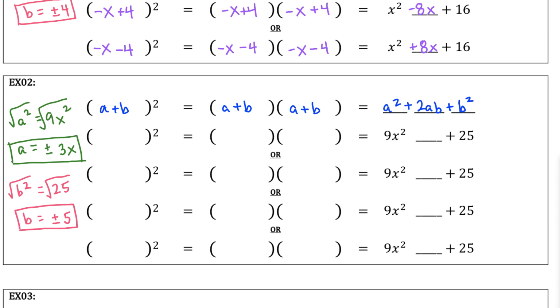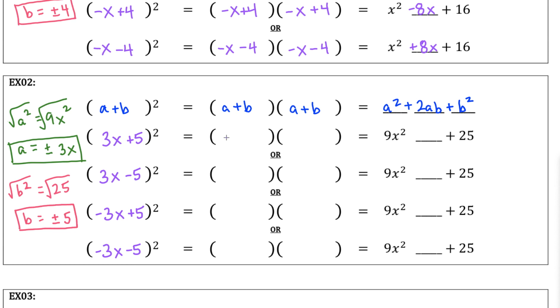Okay, so I wrote these in purple. So we could do positive 3x plus 5 squared. We could do 3x and then use the negative 5, so minus 5 squared. We could use the negative 3x and put plus 5 squared, and we can use negative 3x minus 5 squared.